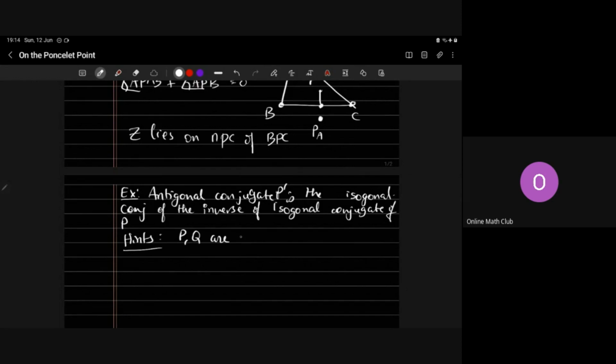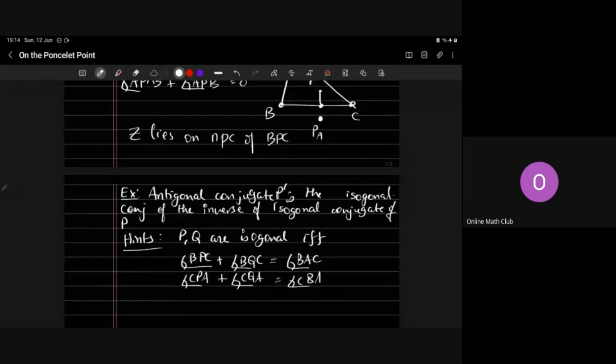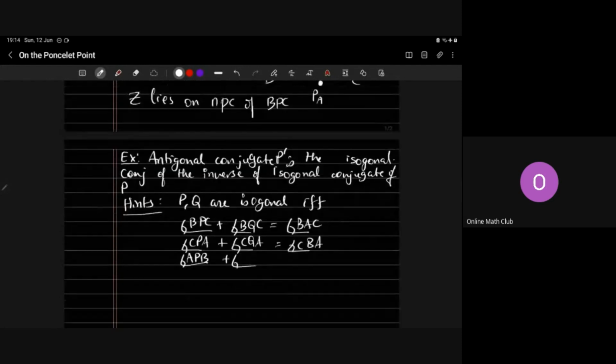So P and Q are isogonal if and only if angle BPC plus angle BQC equals angle BAC. Similarly, angle CPA plus angle CQA equals angle CBA. And the other condition is angle APB plus angle AQB equals angle ACB.